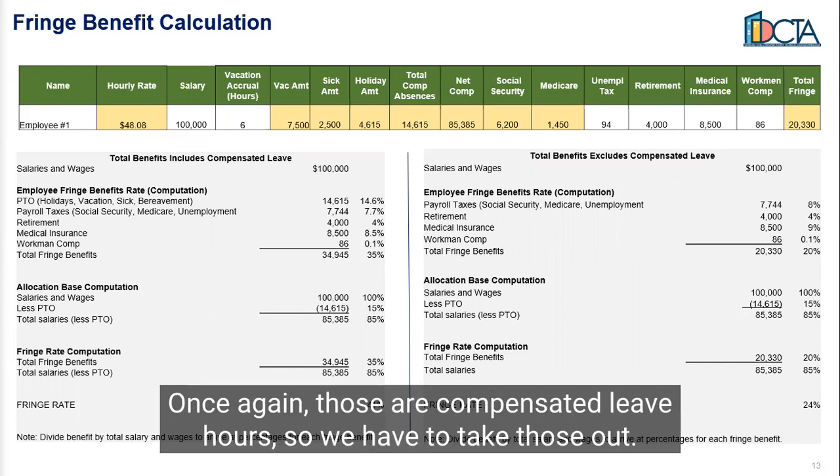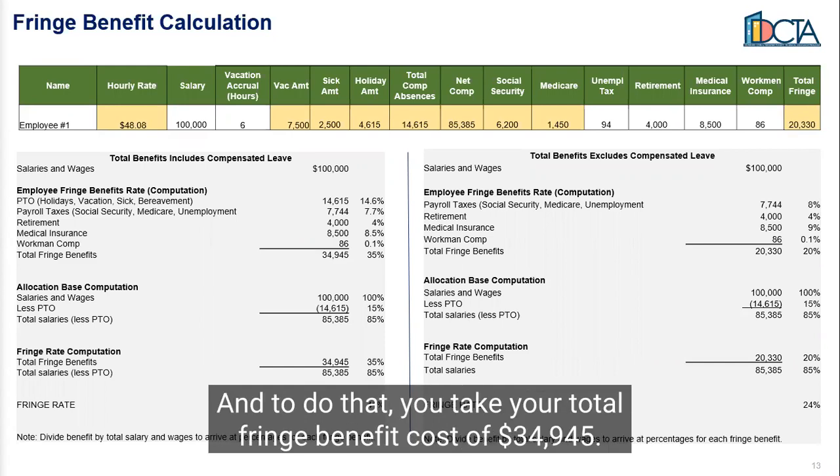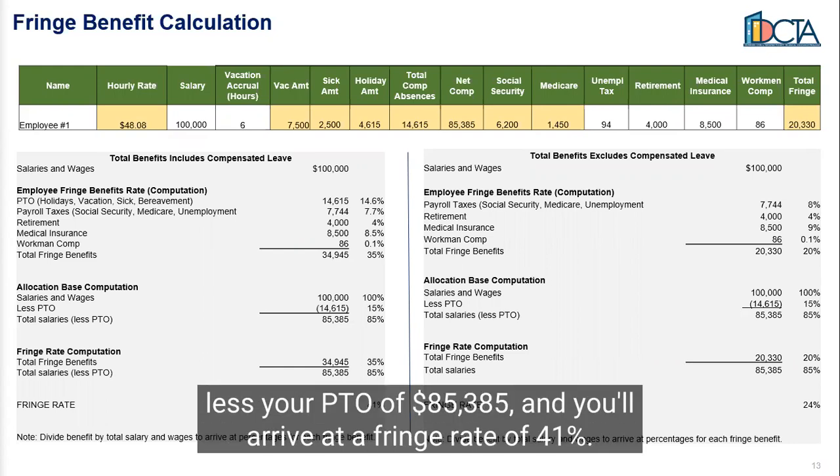And once again, those are compensated leave hours, so we have to take those out. So next, your step would be to compute your fringe benefit rate. And to do that, you take your total fringe benefit cost of $34,945, divide that by your total salaries less your PTO of $85,385. And you arrive at a fringe rate of 41%.